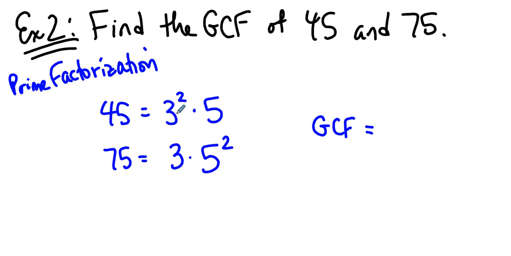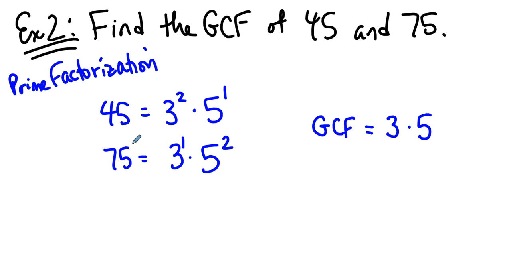There are factors of 3 here, there are factors of 3 here, so there will be factors of 3 in our greatest common factor. There are factors of 5 in both numbers, so there will be factors of 5 in the greatest common factor. So what's the power that we use? Do we use this 2 or this 1? Do we use this 2 or this 1?